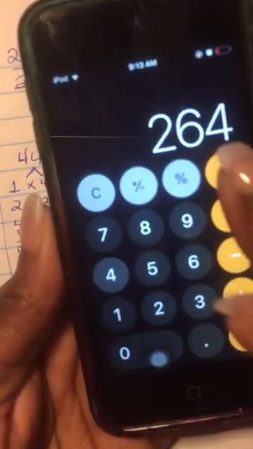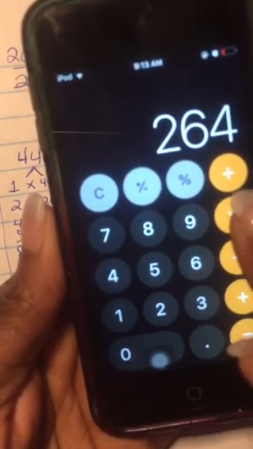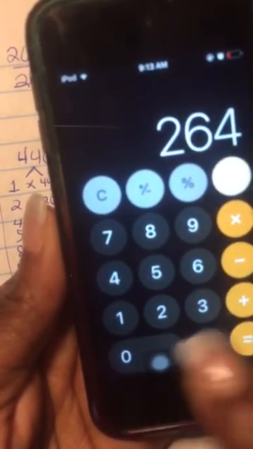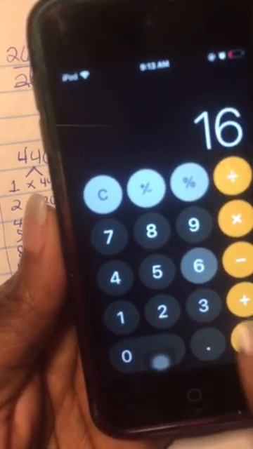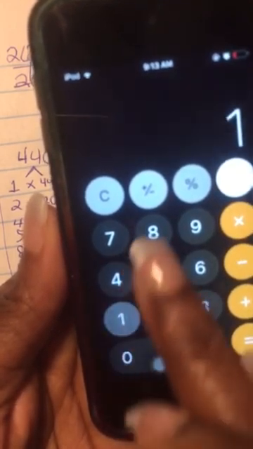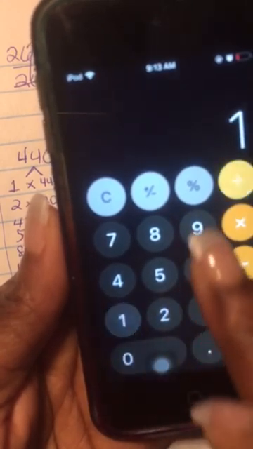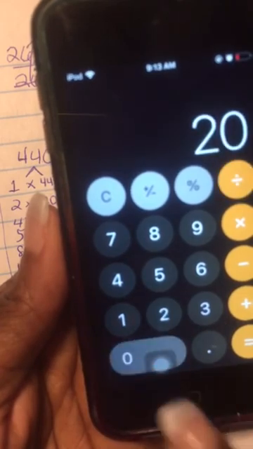So now we try numbers between 12 and 22. 13. 14. 264 divided by 15. 264 divided by 16. 264 divided by 17. 264 divided by 18. 264 divided by 19. 264 divided by 20.